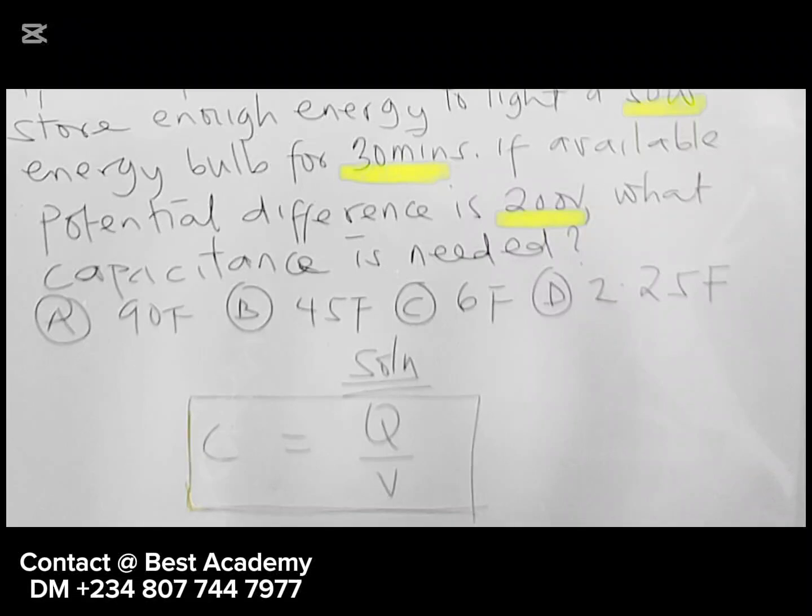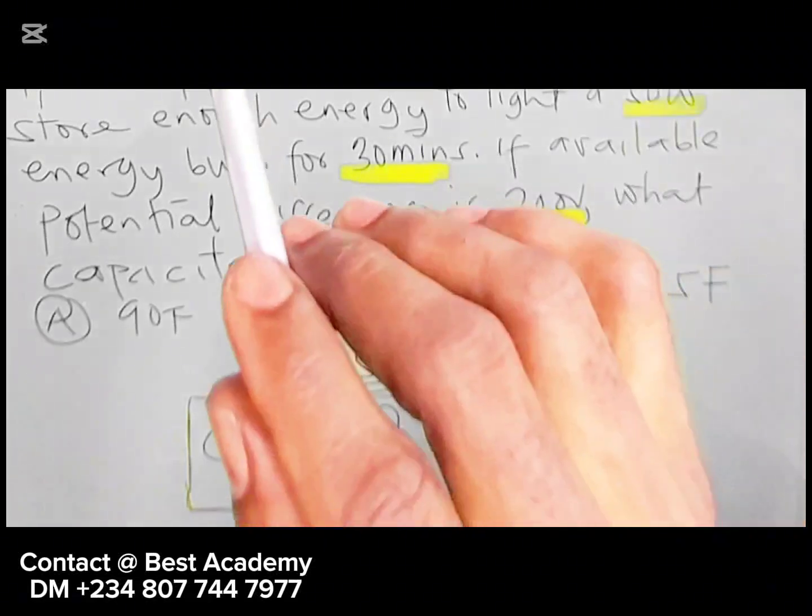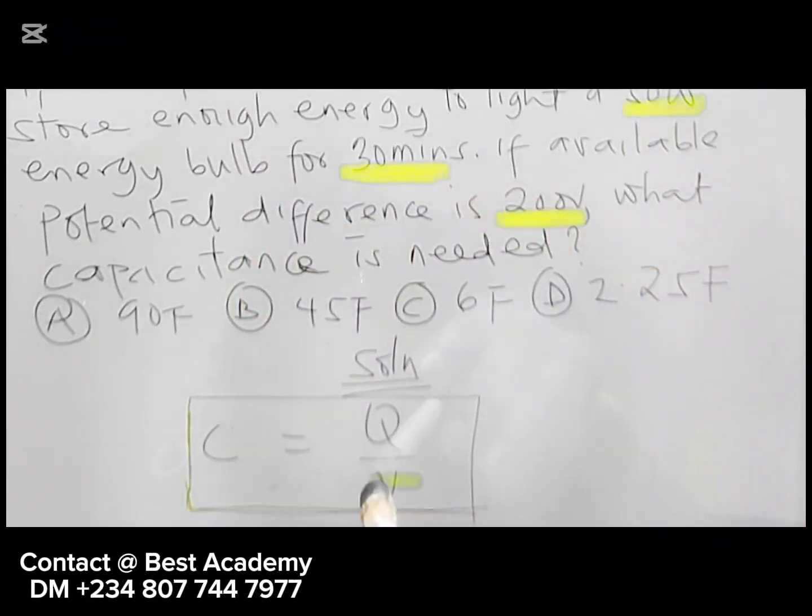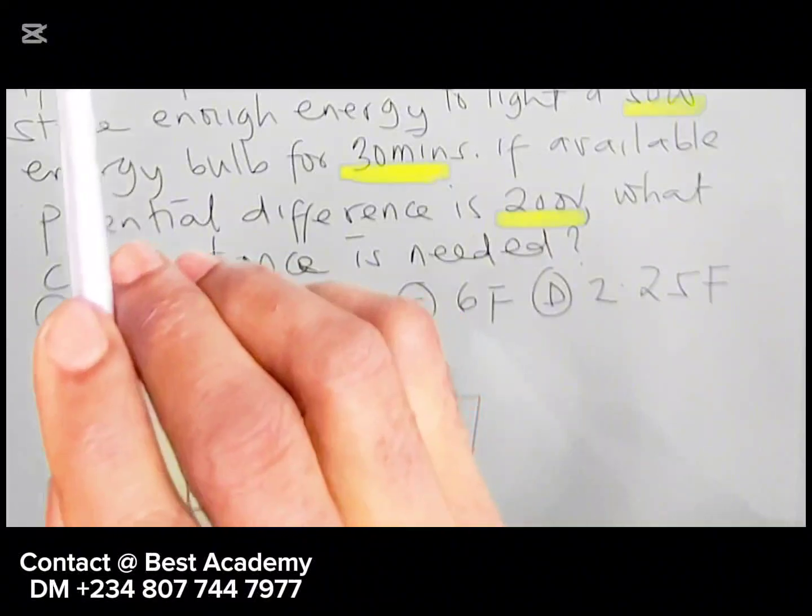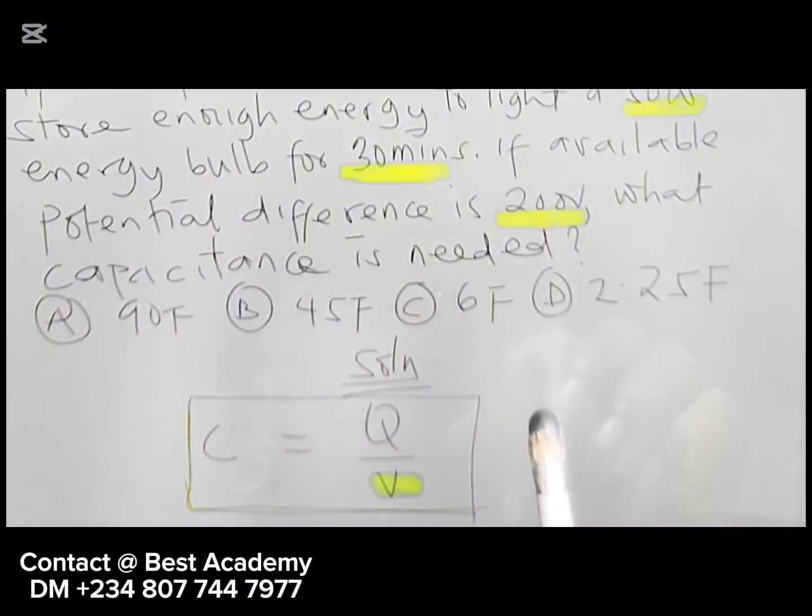Of course, V is given to us as 200 volts. Power, that is P, is given to us as 50 watts. Please take note.